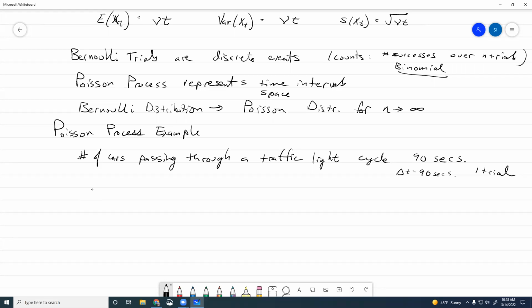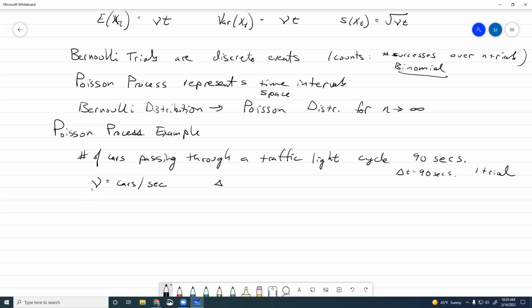But we know that, okay, we have 90 seconds and 5 cars pass through the light, and the next time 4 cars pass through, and the next time 6 cars. We can ultimately estimate an average rate, cars per second, right? So we could say nu is equal to cars per second.